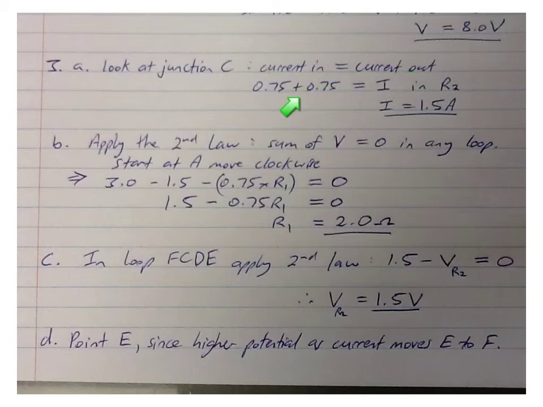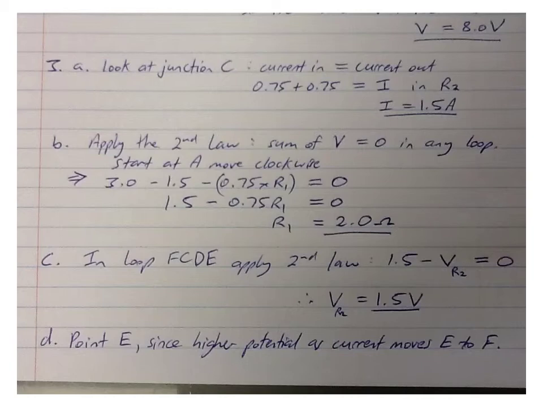So they've shown us 0.75 going in to junction C from both directions, so it's 0.75 plus 0.75. And that must equal the current through that R2 resistor. You can see it will flow around past D, through E, across to F. And that value is 1.5 amps, of course.